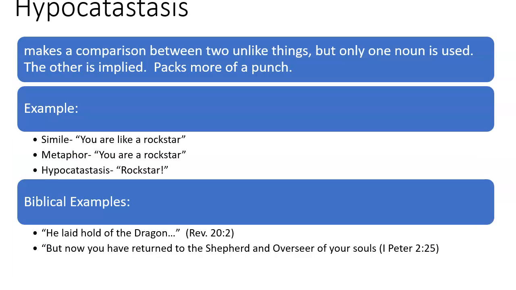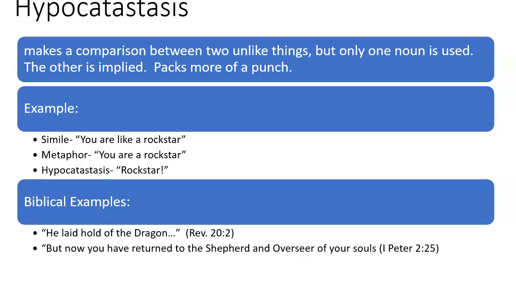The third comparison between unlike things is the hypocatastasis. And this is a comparison, but only one of them is actually mentioned. And you can see how it packs a bigger punch. A simile could say, because you are really good at what you do, and you might have just discovered and solved something that people were having trouble with, somebody might say to you, you are like a rock star.